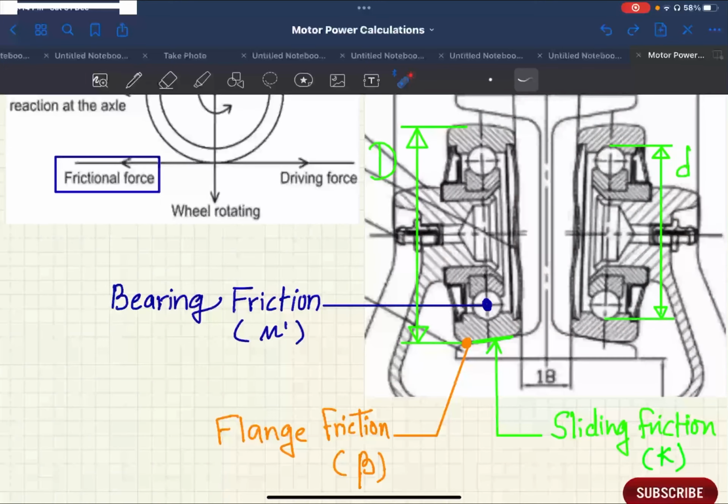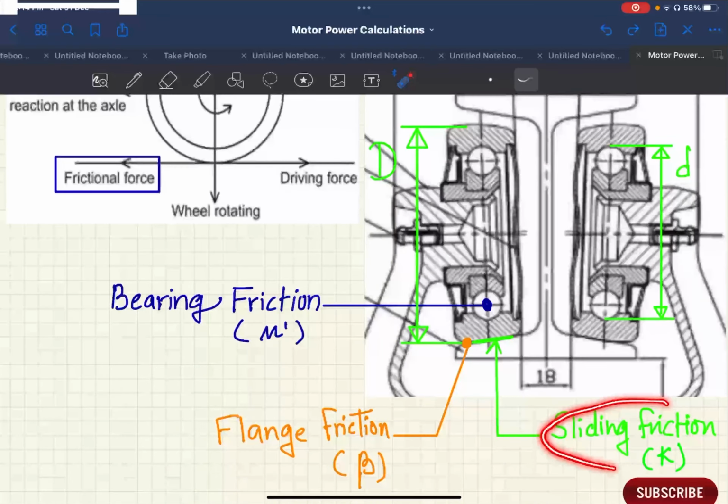The outer diameter of the wheel we consider as capital D. The outer diameter of the bearing we calculate as small d. Then the flange friction is always in between the I-beam surface and the roller. Here is the flange friction.